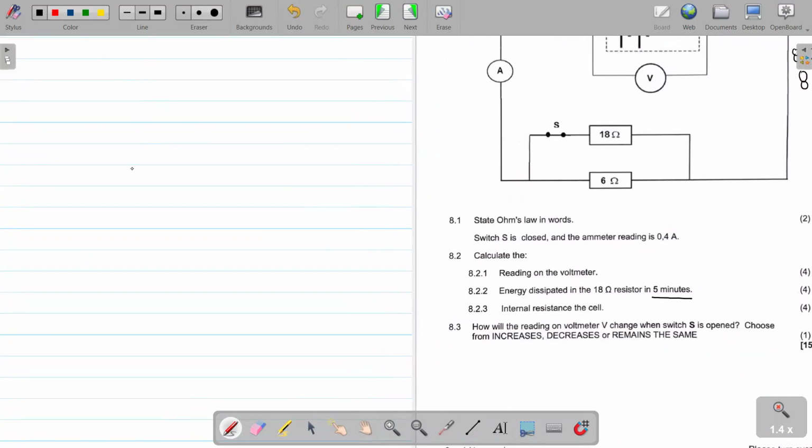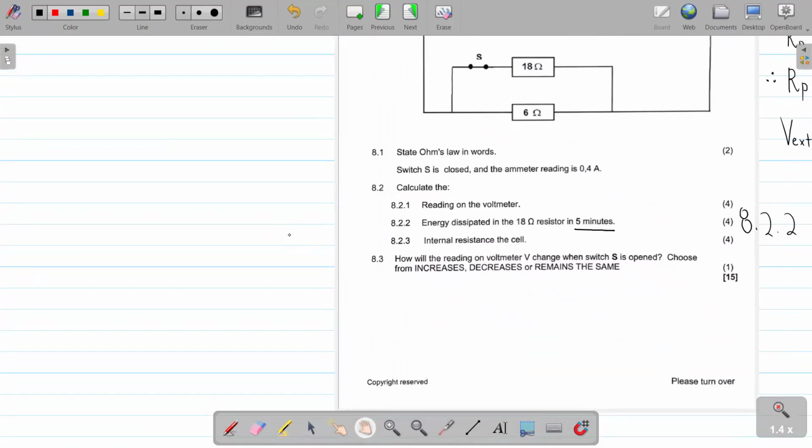So now 8.3. Okay, let me do it this side. 8.3. They are asking, how will the reading on voltmeter V change when the switch S is opened? Choose from increases, decreases, or remains the same.